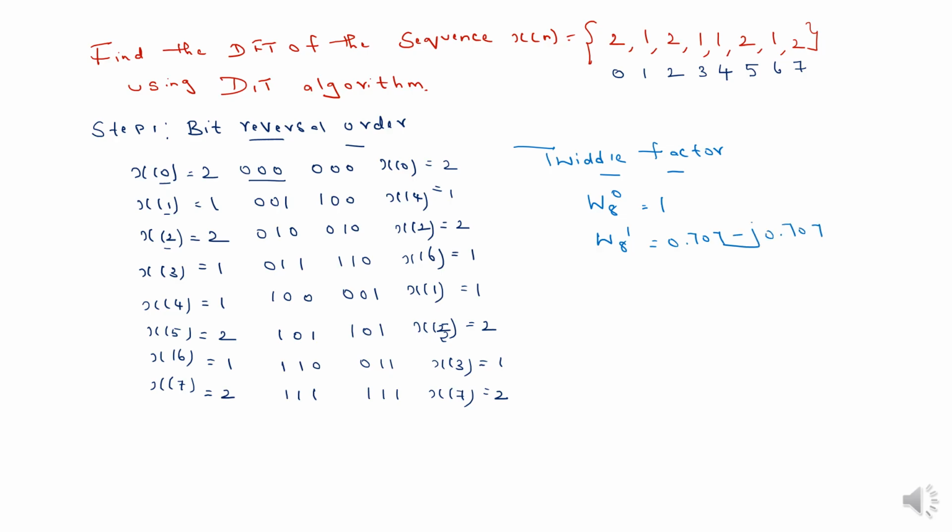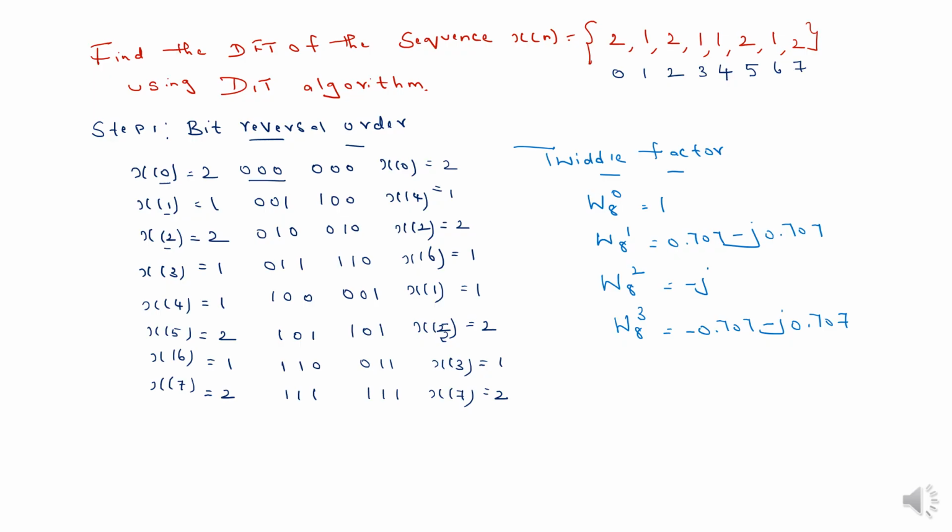W suffix 8 power 2 is given by minus j. W suffix 8 power 3 is given by minus 0.707 minus j 0.707. After writing these twiddle factor values, we need to find the 8-point DFT using the DIT algorithm.